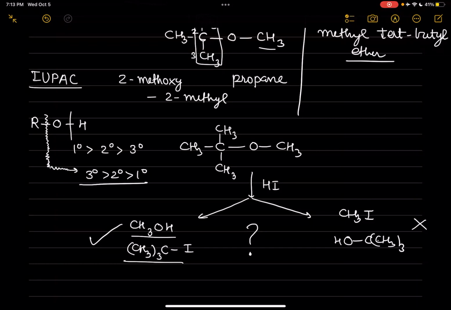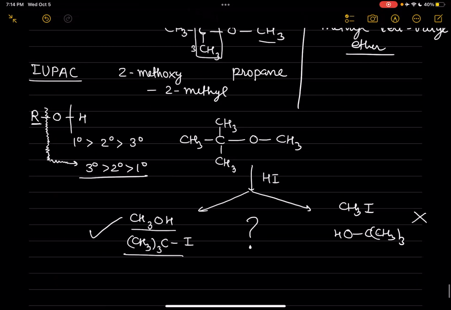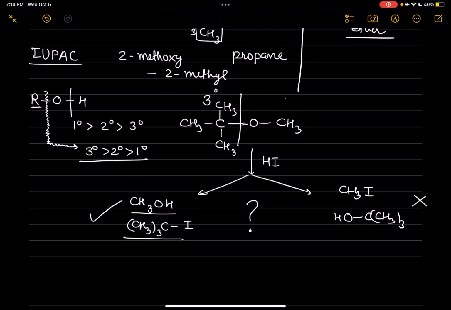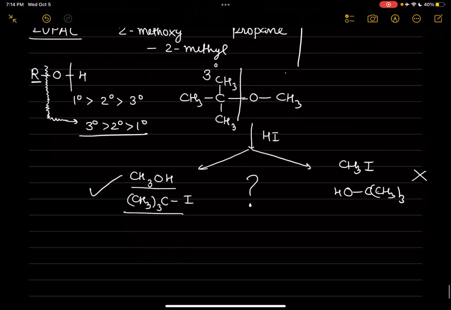That was also the rate of dehydration. Actually, the cation formed is very stable. That is the reason. In this case, this is tertiary, and this is not even primary. This is 0 degree, methyl. So break this bond. Tertiary alkyl group can easily separate from the electronegative atom because the cation formed is stable. That's the overall picture of the explanation.